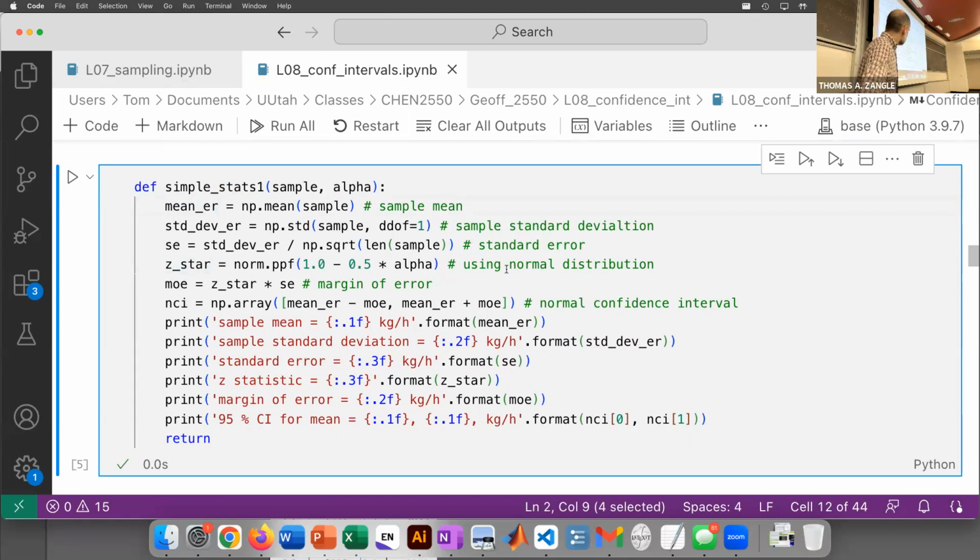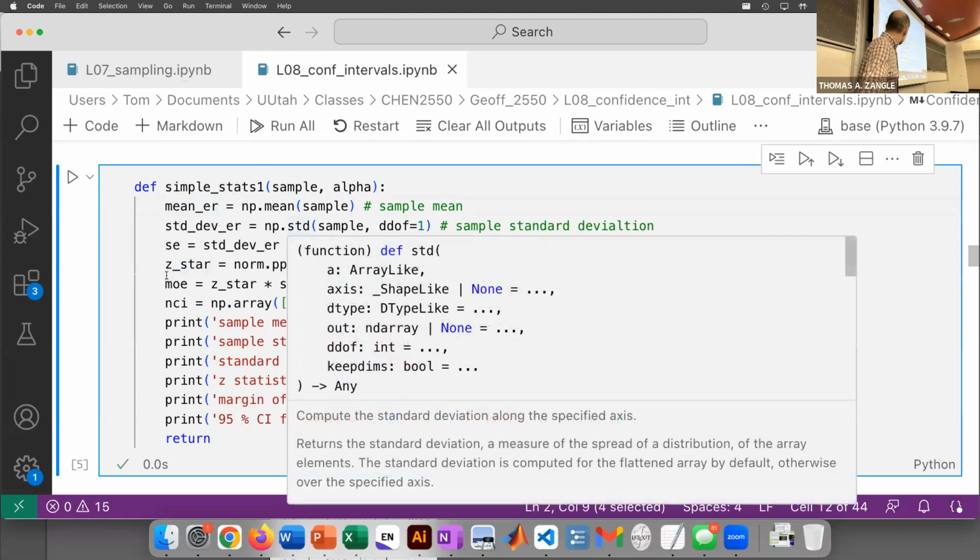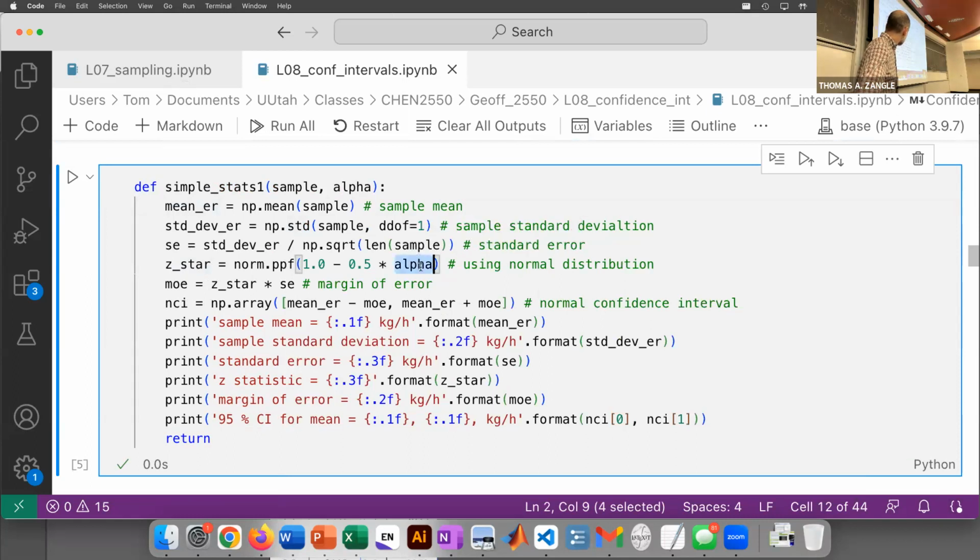We're going to use the normal distribution to find the confidence interval at our significance level of alpha. And we'll then compute the margin of error on our data using, again, this normal distribution. Note here that DDOF, the delta degrees of freedom for the standard deviation, is equal to 1. NumPy assumes that DDOF is equal to 0, but we have a sample here, so we need DDOF equal to 1.